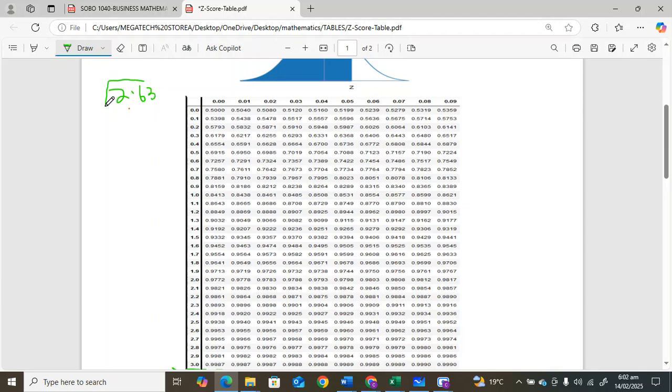The first two digits, you look for them in the column, 2.6 here.